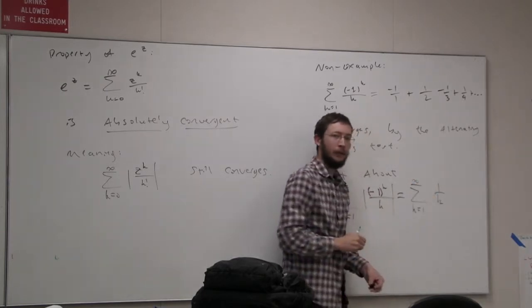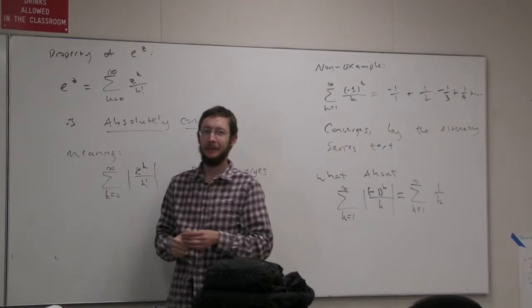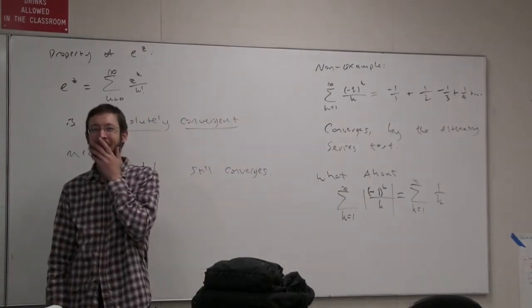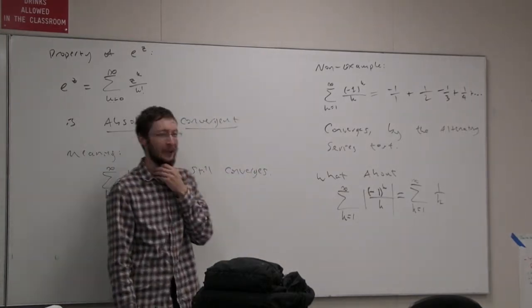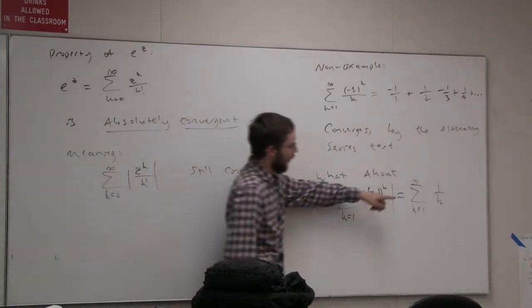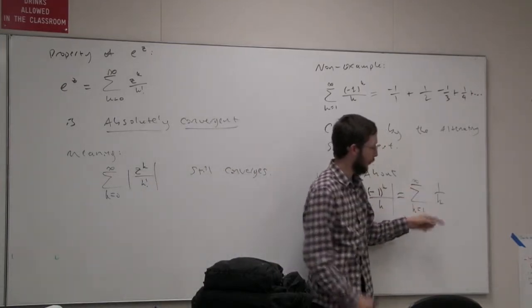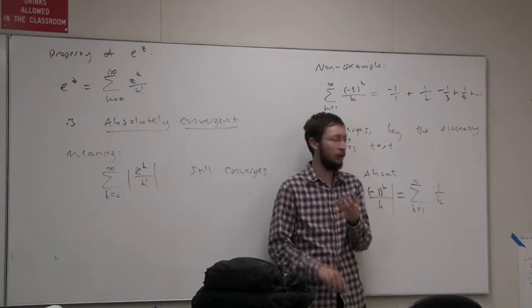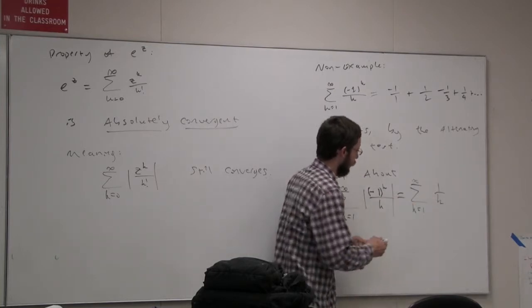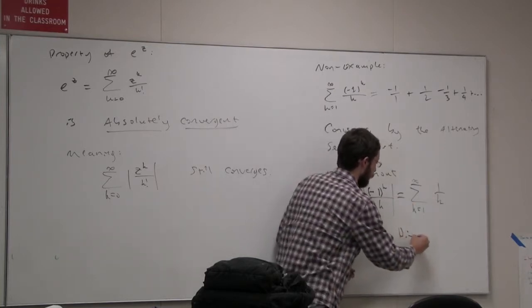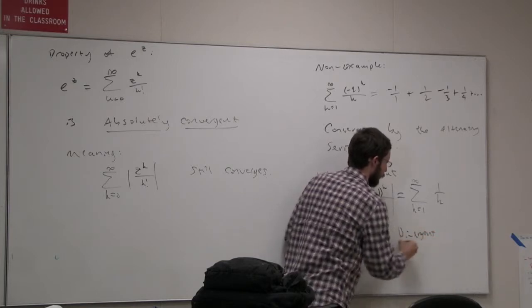And anyone recognize this series? I feel like I should. Yeah, this is the harmonic series, right? Which says just add up all the reciprocals of the natural numbers, 1 over 1, 1 over 2, 1 over 3, 1 over 4. And this thing is divergent.